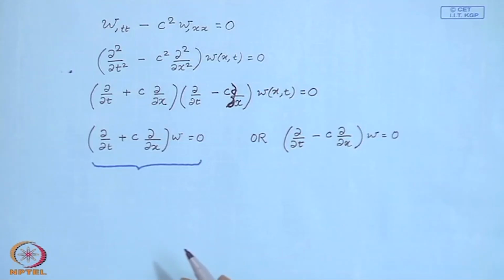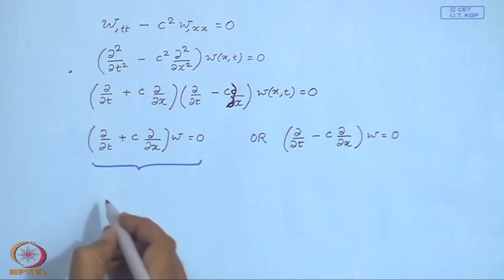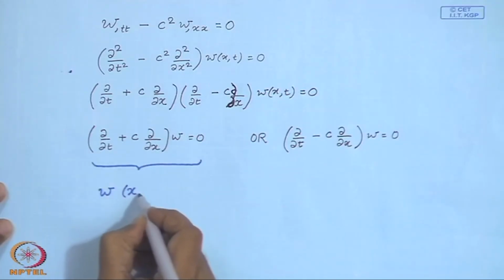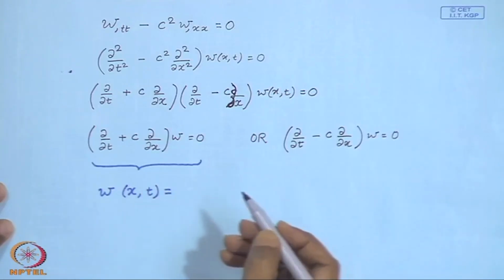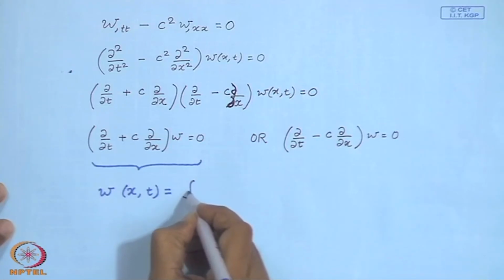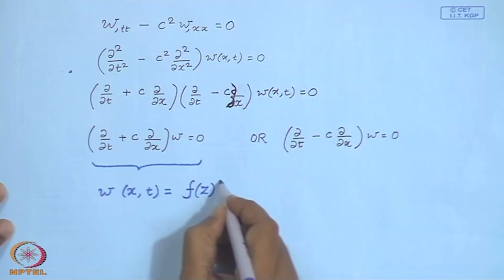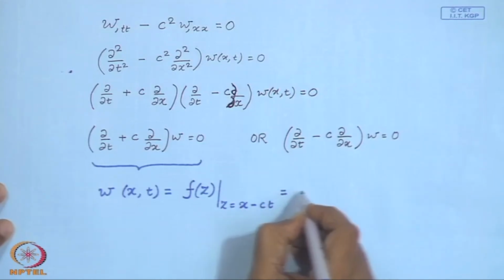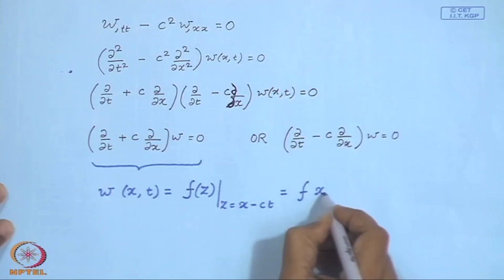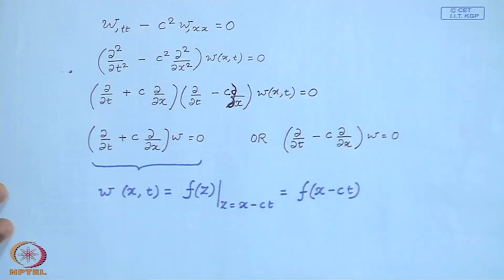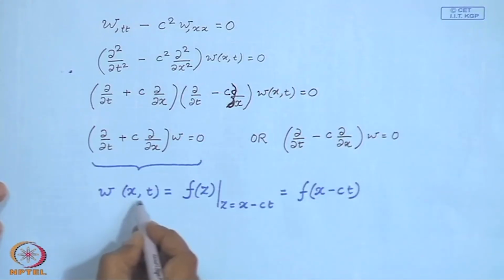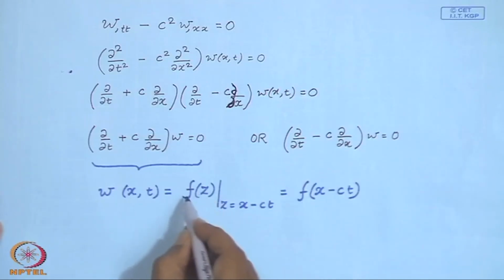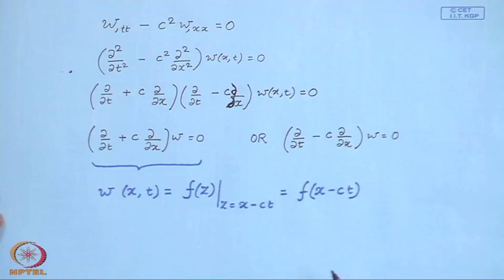this equation. Now, you will find that the solution of this equation can be written as: if w of x comma t is some function, any function f of z, with z replaced by x minus c t.